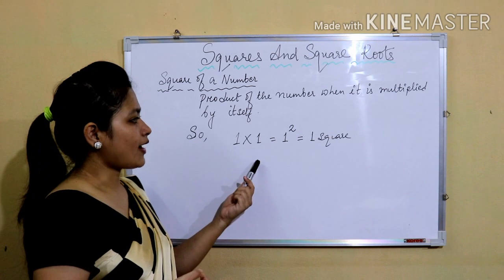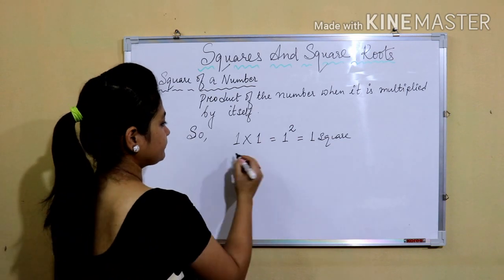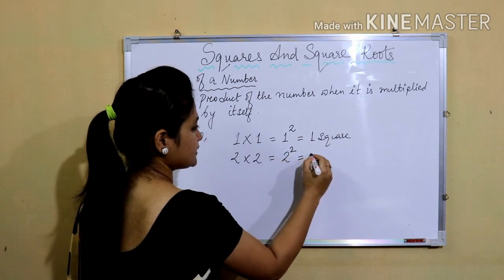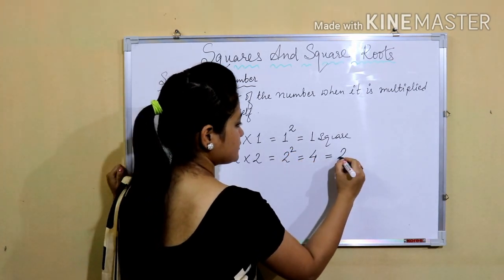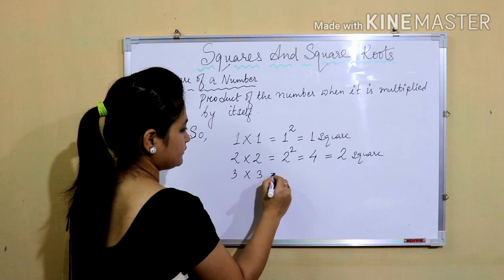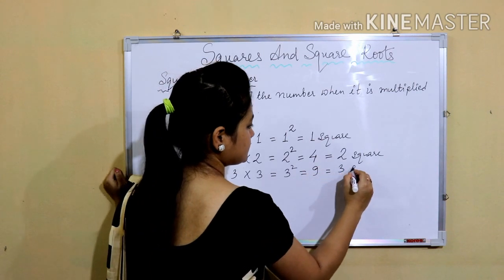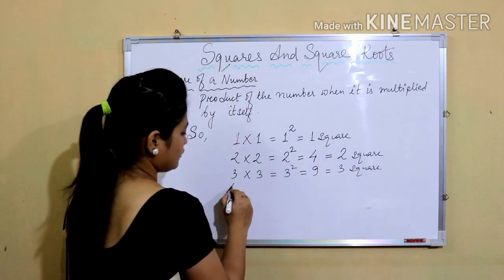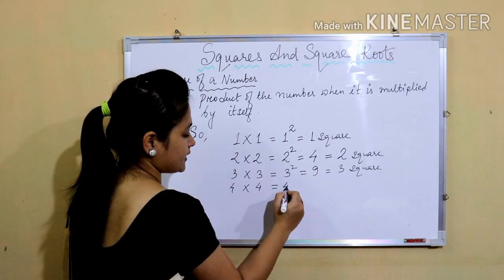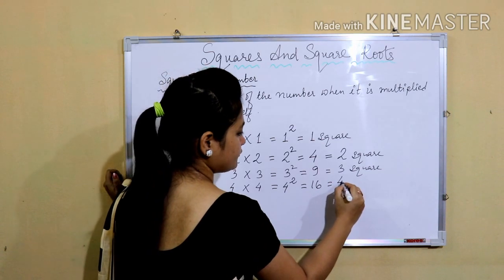So 1 into 1 can be written as 1 square. 2 into 2, which is 2 to the power 2, equal to 4, is read as 2 square. 3 into 3, that means 3 square, equal to 9. 4 into 4, the number multiplied with itself, can be written as 4 to the power 2, which is 16, read as 4 square.